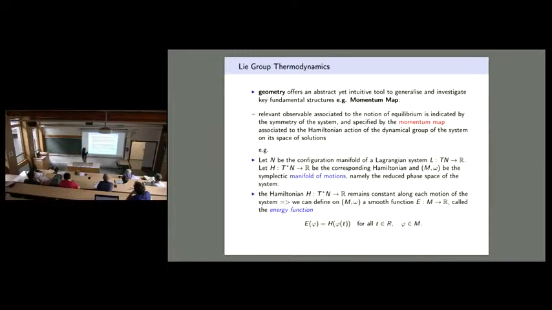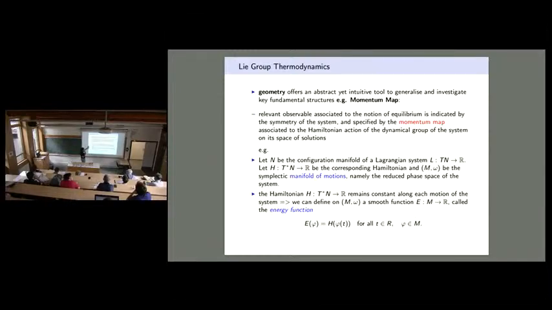So an example of momentum map, which was already given, I will use a lot of notions which were fortunately already given by both Frédéric and Jerry, is the one of energy in classical mechanics. So in classical mechanics, the symmetry we are considering is time translations. Okay, so if you have a configuration space, you have a Lagrangian on the tangent of this, and a corresponding Hamiltonian.